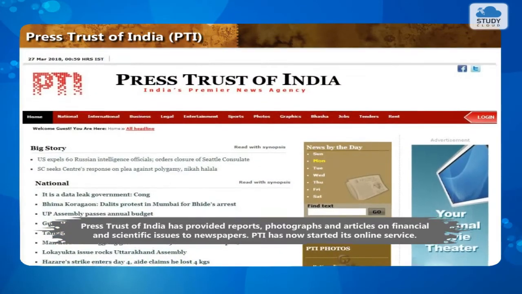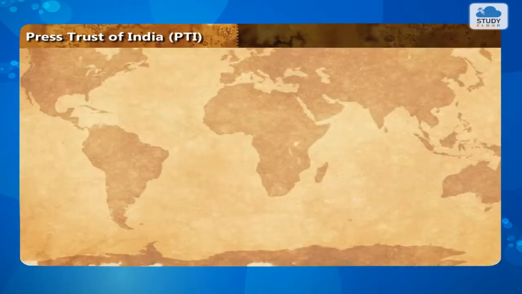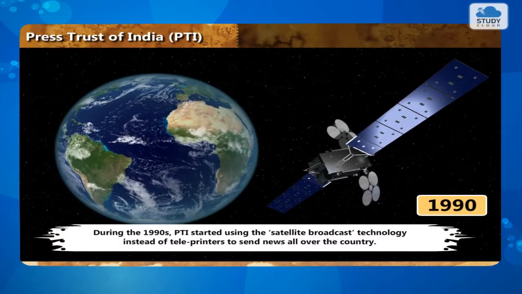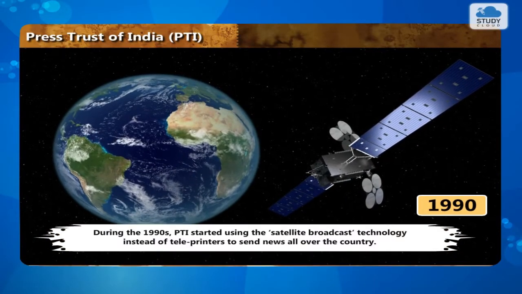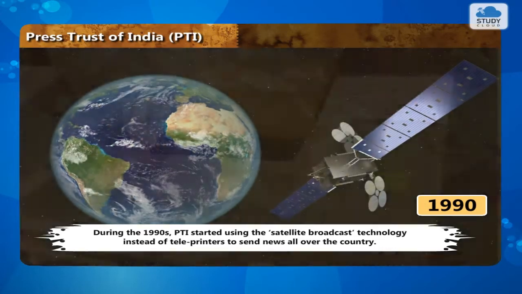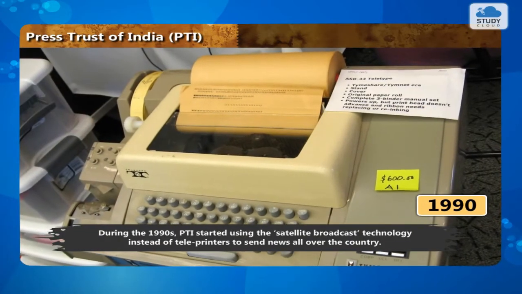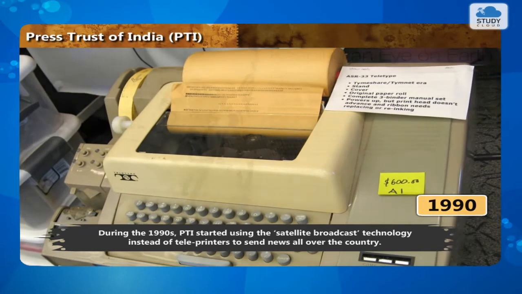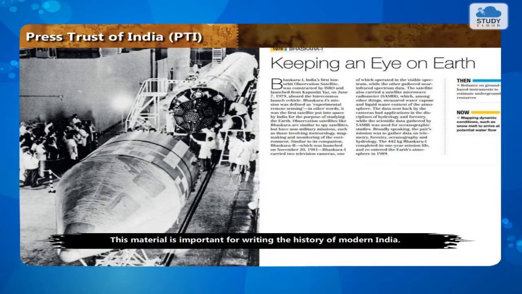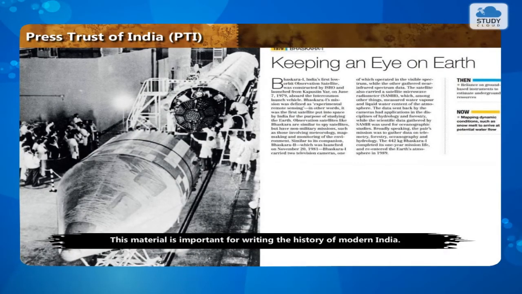PTI has now started its online service. During the 1990s, PTI started using the satellite broadcast technology instead of teleprinters to send news all over the country. This material is important for writing the history of modern India.